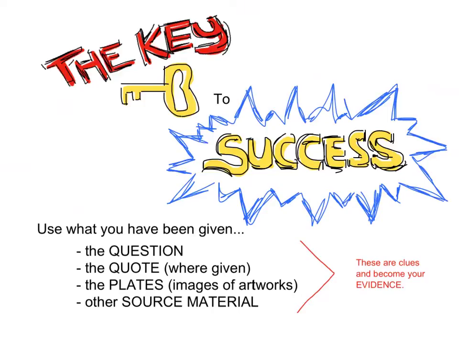Same goes for any source material that may provide insight into the artist that's being featured. What I can't stress enough with section 1 is that you use everything that is given to you on that page. Before you even begin writing your response, you need to annotate all over that page in order to start to brainstorm the ideas that you will need to bring into your response.